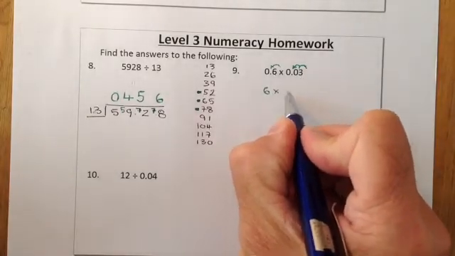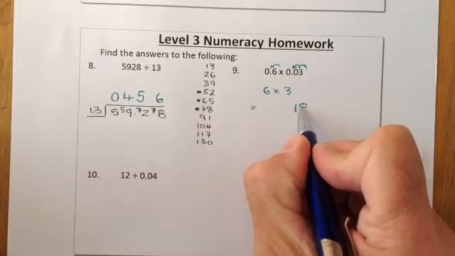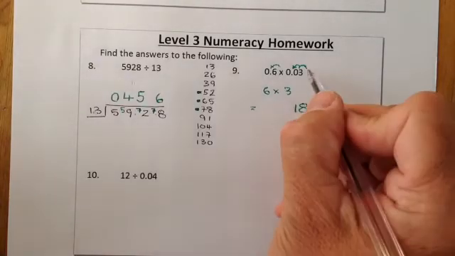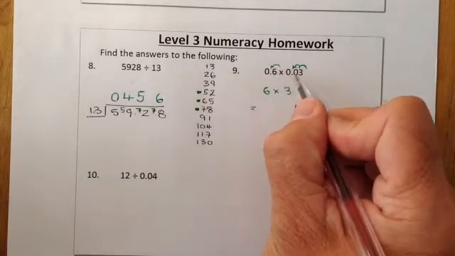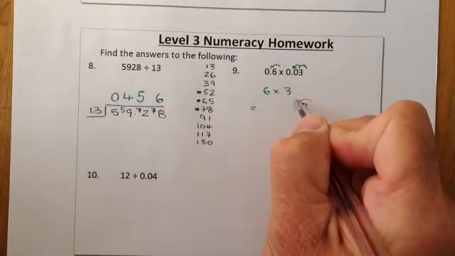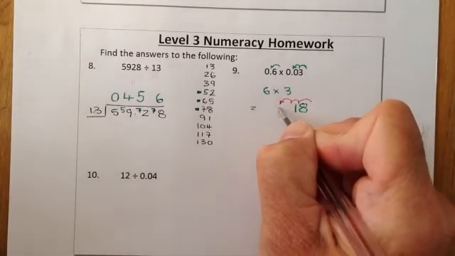So 6 times 3, well, that's going to give me 18. I'm going to write my 18 there, because I know that what I'm going to be doing is moving my decimal point 3 places, because that's how many places were in the question. So there's 1, there's 2, there's 3. So my decimal point is going to end up here.